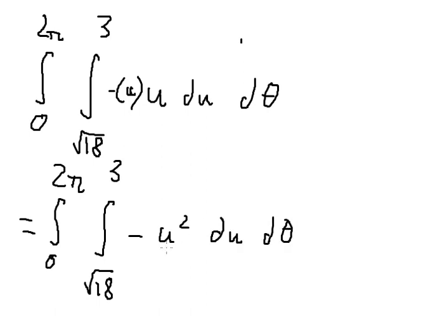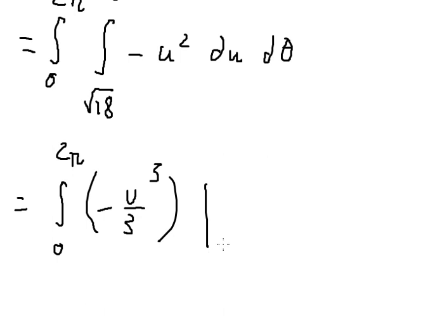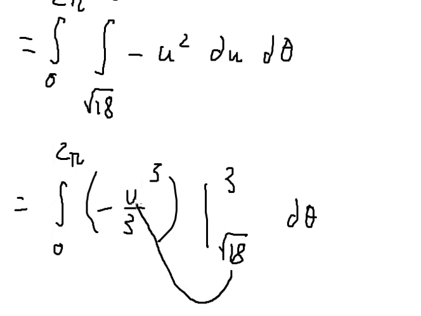So the integration of u squared, we have u to the power of 3 over 3. So I will put number 3 cone here, the square root of number 18 cone here.